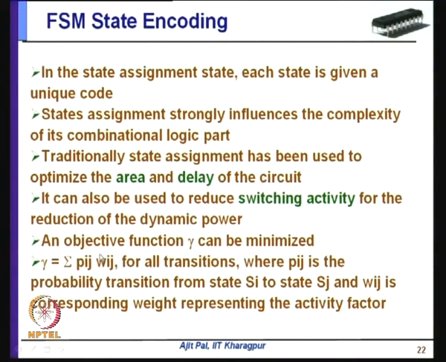Now, we have to minimize the bit transitions such that when the finite state machine is operating, the power dissipation is reduced. That is what is being represented by this objective function, and state encoding can be done to reduce the switching activity apart from area and delay.